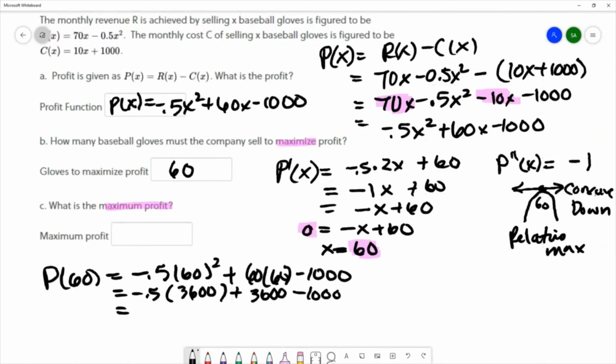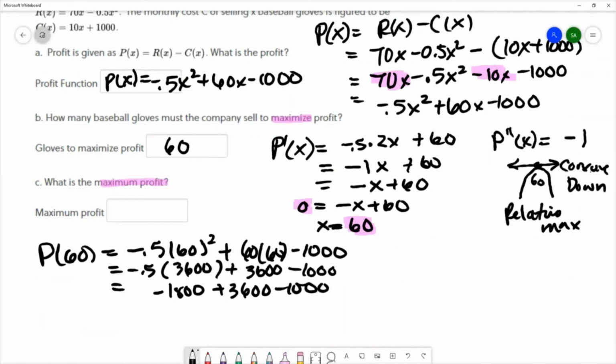Half of 3,600 would be 1,800, and that's negative. Negative 1,800 plus 3,600 is 1,800, minus 1,000 would give me $800. So we're going to get a maximum profit of $800 when we sell 60 baseball gloves.